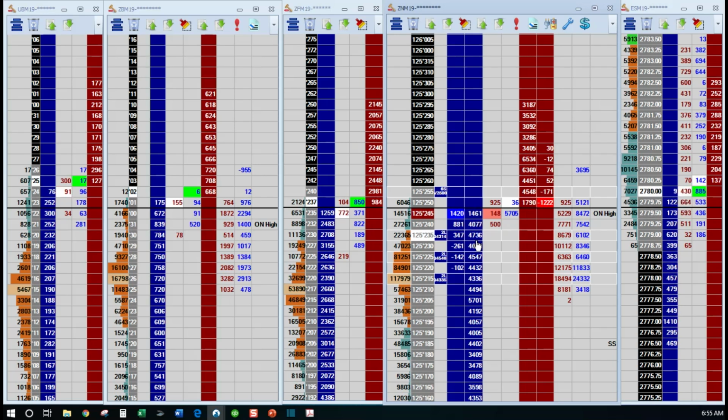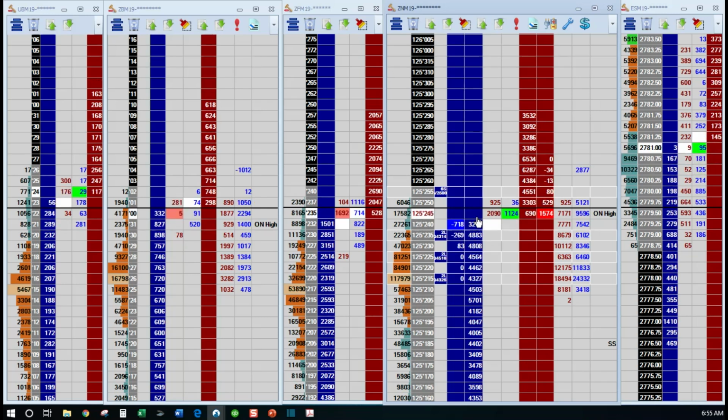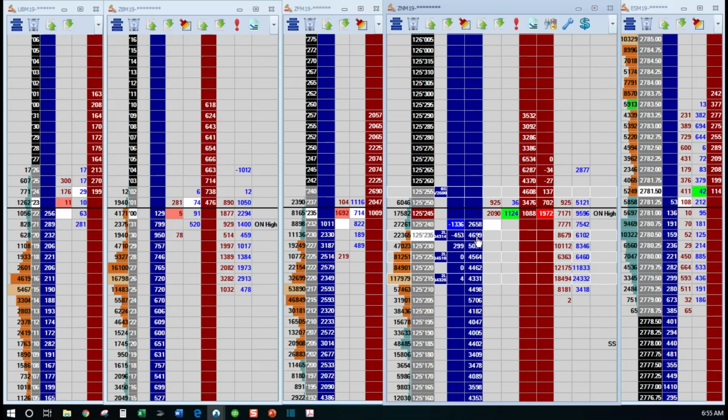Bonds are at the highs. That's not good. So is the 5-year. Come on, push it down.